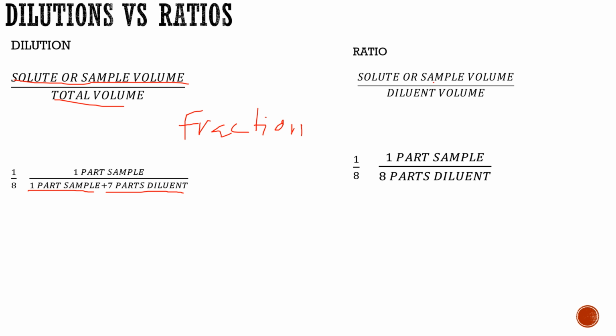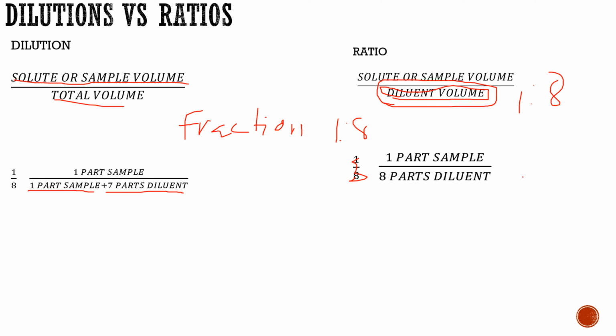When it is a ratio, class, it is different. The difference is found in the denominator. The denominator on the ratio, here. Sorry, this is wrong. It should be like this, 1 is to 8. The difference in this case is that the first number is the solute or the sample volume, but the second number is not the total volume, but instead only the diluent volume.